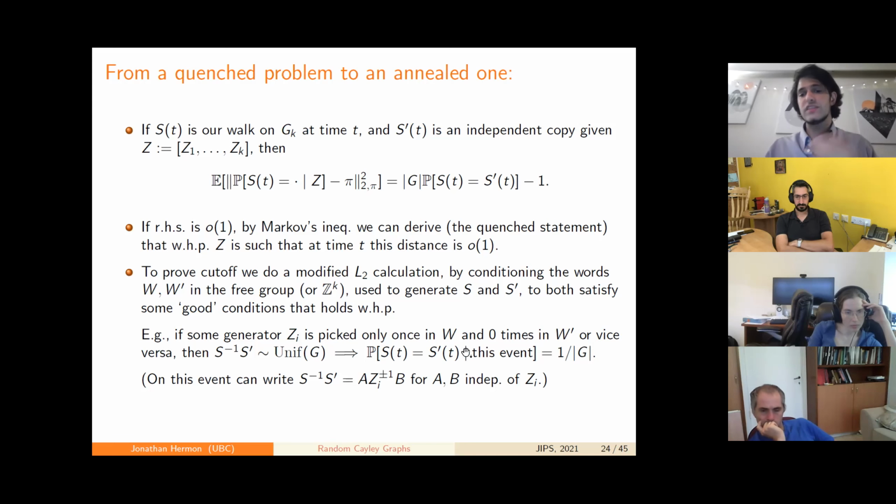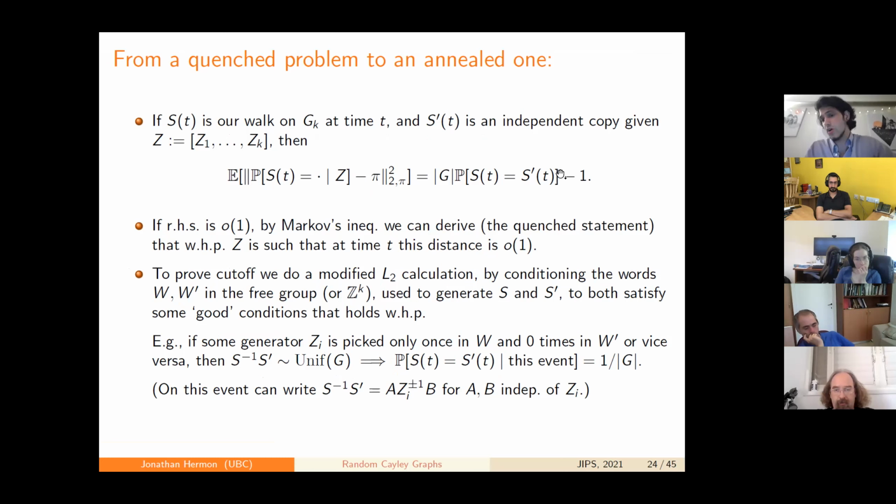So on this event, we get that the probability that S is equal to S prime is going to be 1 over the size of the group. This is like saying that it's uniformly distributed. If we substitute here 1 over the size of the group, we get that the quantity we want to show is small is equal to 0.